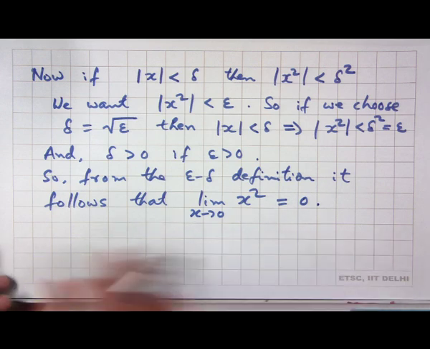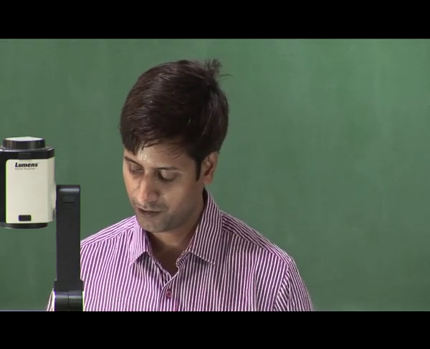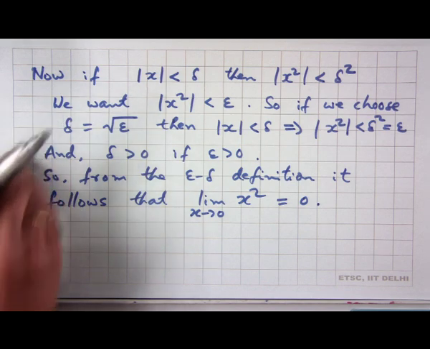So, this was a very simple example, but it was just to illustrate how we use this epsilon delta definition to prove that a limit is equal to some number.